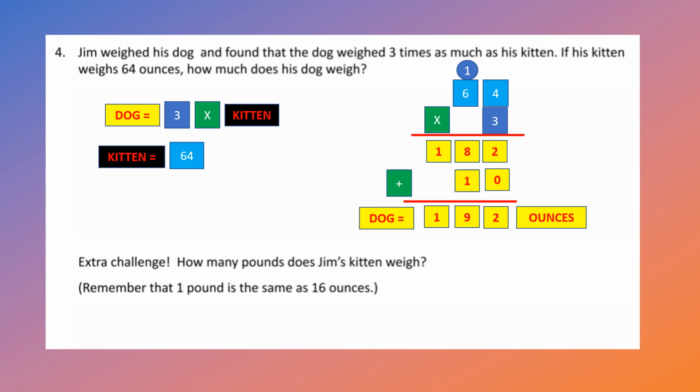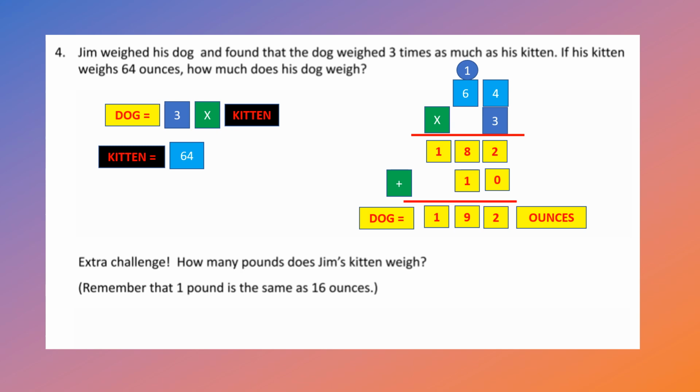Now, it's a challenge question, which means I'm not going to tell you how to solve it because it's supposed to be a challenge. I paused because I wanted to make you think I was going to go through that problem. I'm not. It says extra challenge. So I challenge you to try to figure it out and let me know the answer that you received when you see me in class.